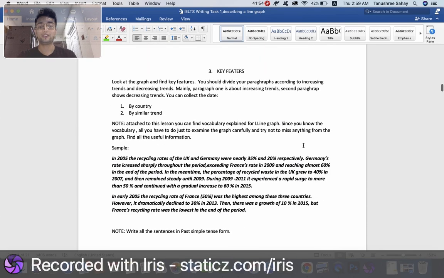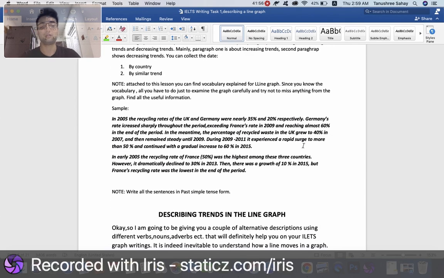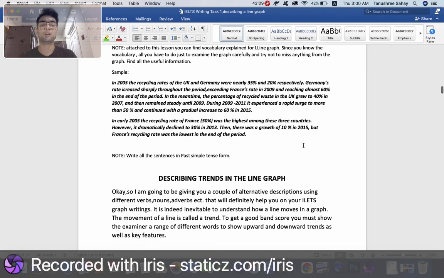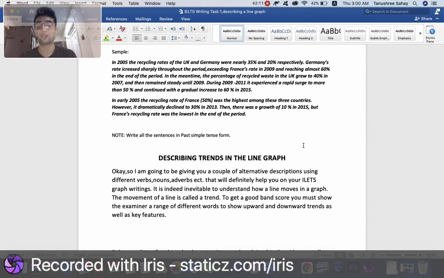What also affects your score is your grammar and your vocabulary. I don't think you're going to have a problem with the vocabulary, because you have enough vocabulary to describe your ideas.